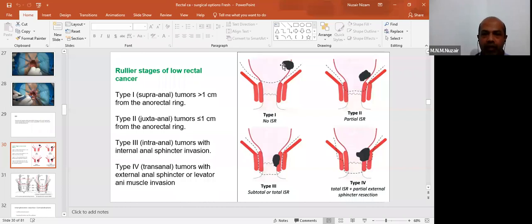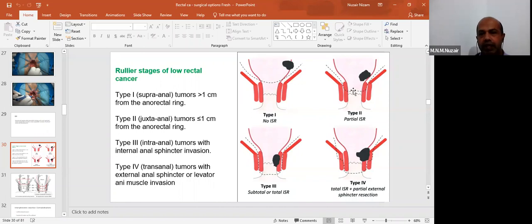So if it is more than 1 centimeter, we can take a 1 centimeter clearance and do an ultra-low anterior resection at the anorectal junction. But if the tumor is at the anorectal junction, less than 1 centimeter, then we have to do what is called a partial intersphincteric resection.